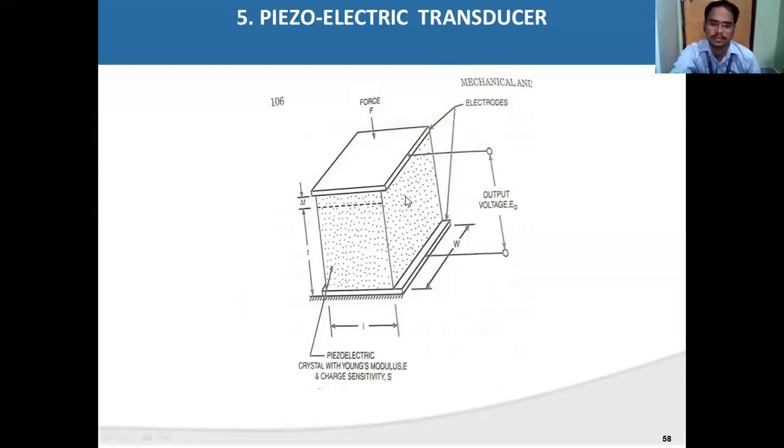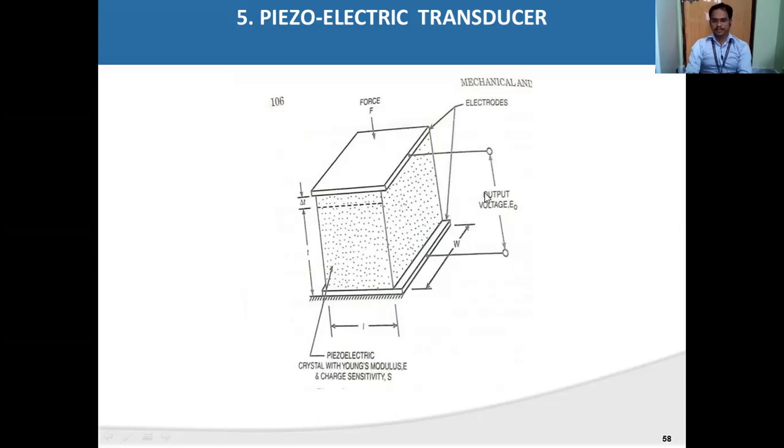It is the nature of the crystal, and when charges are induced or developed here, they are captured by the electrodes, which are in a circuit. You can find some voltage difference or potential difference recorded, and that is calibrated to measure this force.